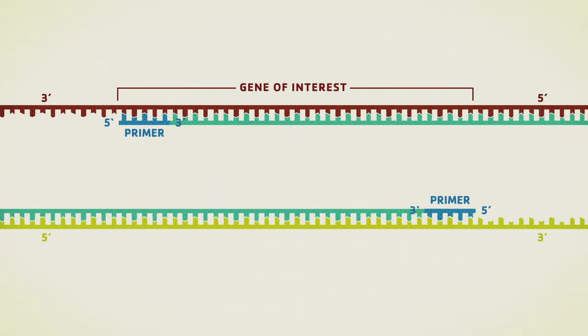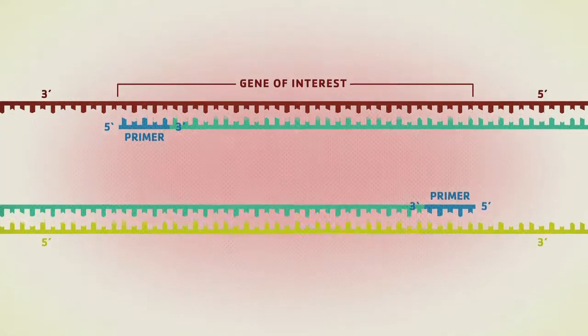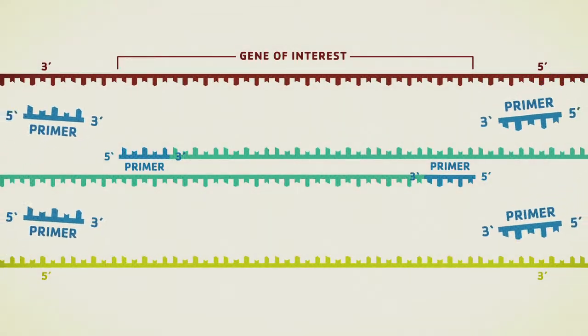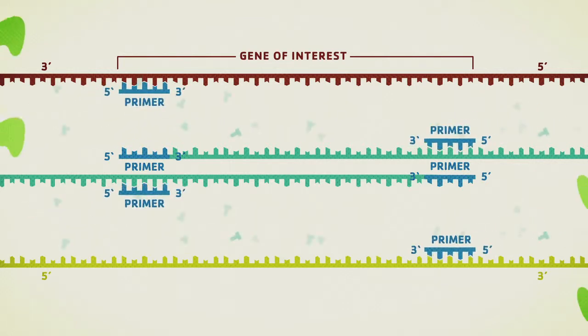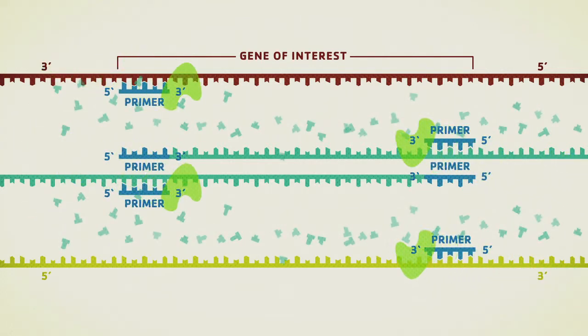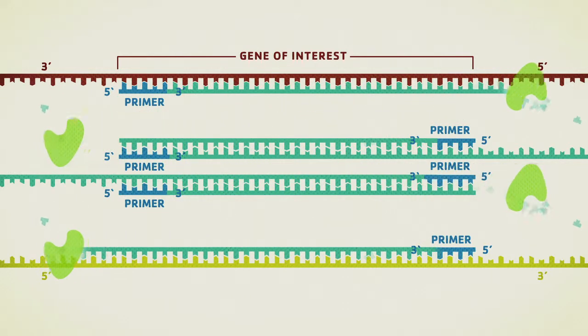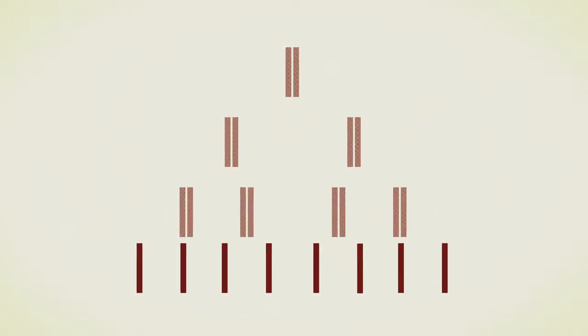After this extension, the DNA is heated again and the process is repeated. Not only the original DNA strand, but also the newly formed DNA fragments are used for amplification. In this way, the specific DNA fragments are multiplied exponentially. By repeating this process 30 to 40 times, sufficient DNA fragments are generated for analysis.